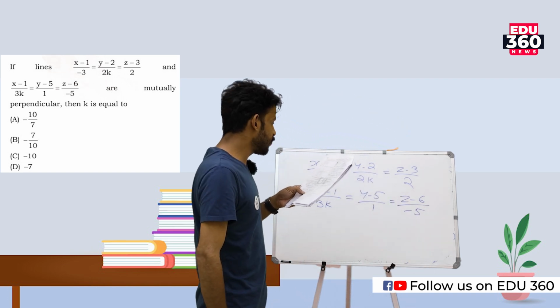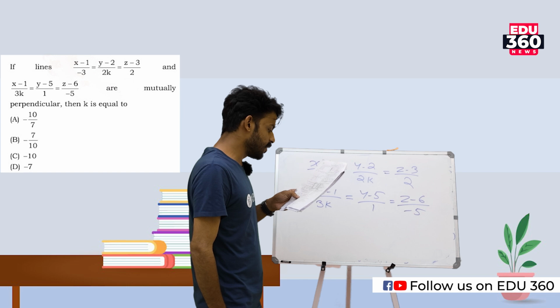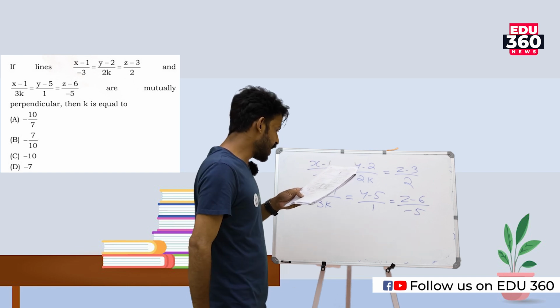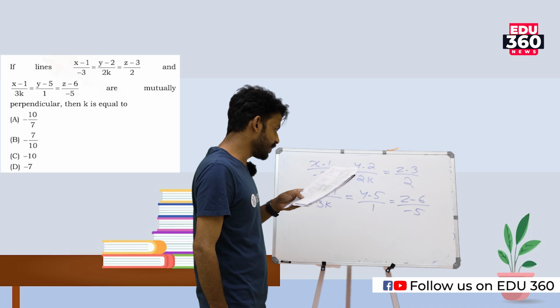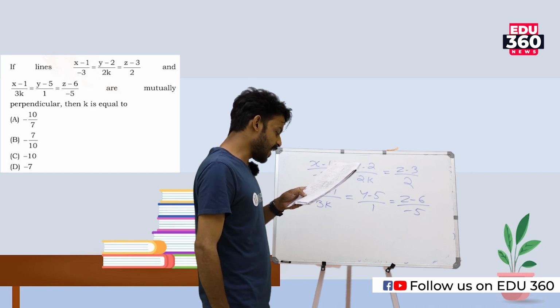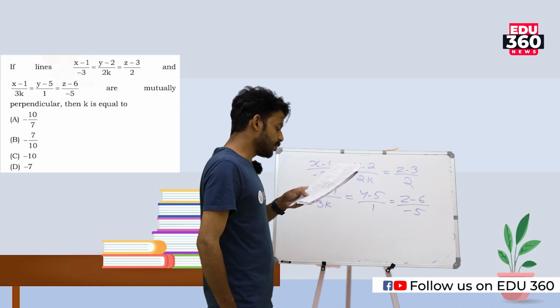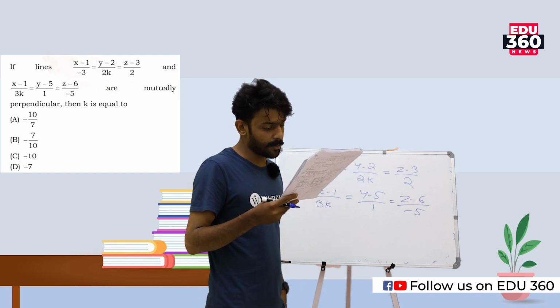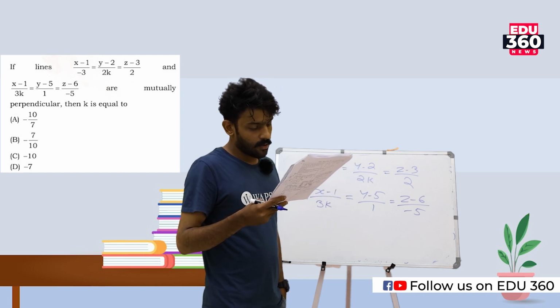So the first line is (x minus 1) divided by minus 3 is equal to (y minus 2) divided by 2k is equal to (z minus 3) divided by 2, and the second line is (x minus 1) divided by 3k is equal to (y minus 5) divided by 1 is equal to (z minus 6) divided by minus 5. They are given as mutually perpendicular.